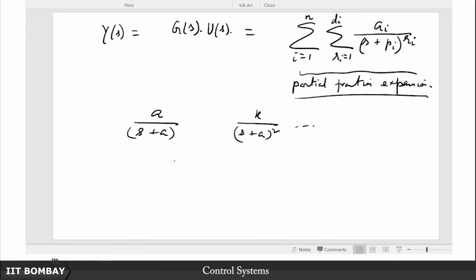But apart from these, if you are a stickler for only real numbers appearing here, if you do not want to allow k and a to be complex numbers, as we have seen in partial fraction expansions, then you will have terms like these where a may be a real number, and you will also have terms like as plus b upon cs squared plus ds plus e, where a, b, c, d, e are all real numbers.